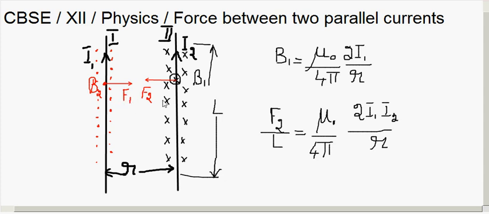Now F1 and F2 being opposite to each other, we can say that when two conductors carry a current and they are placed parallel to each other, there is a force of attraction. If they are carrying the same current, there is a force of attraction between the two conductors. The directions of F1 and F2 are shown in the figure. So if two straight parallel current carrying conductors have the same direction of flow of current, then they attract each other.